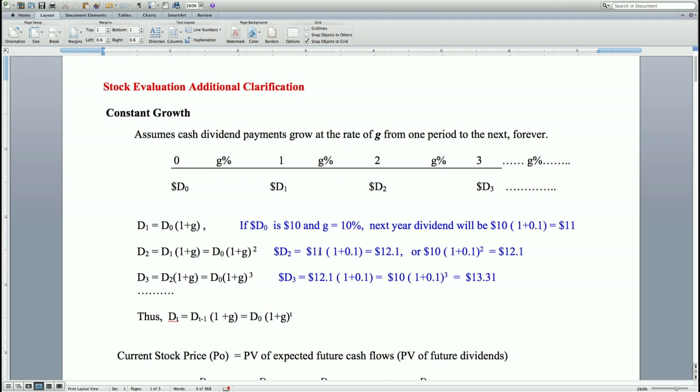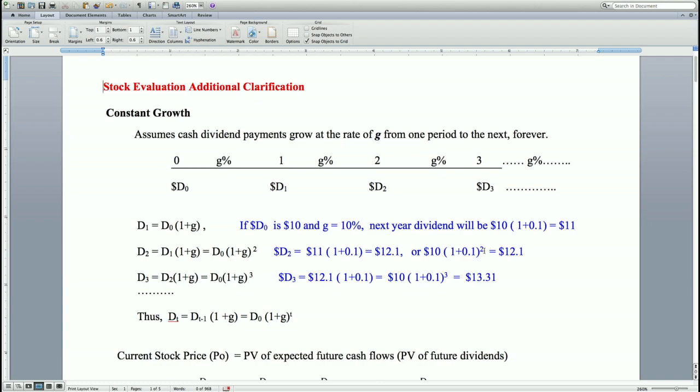So $11, this is D1, times 1 plus G, or 10%, then we'll have $12.10. Or we can get the same answer from D0 and 1 plus G to the power of 2.